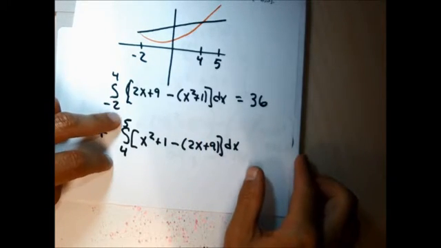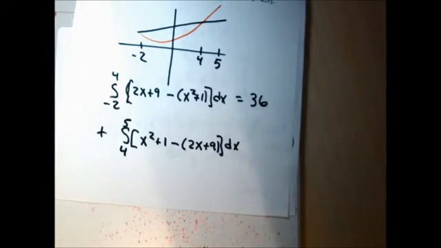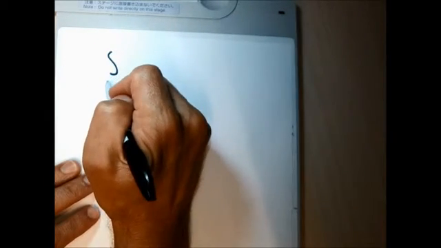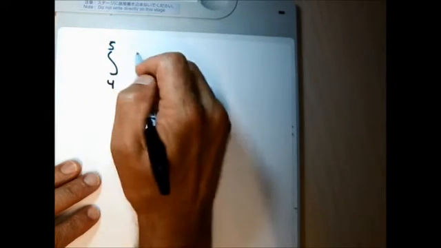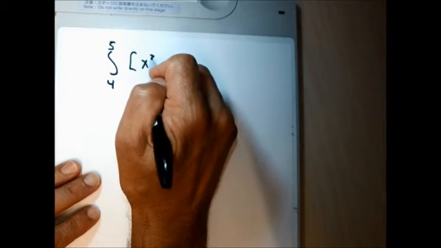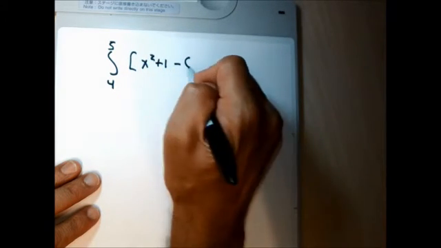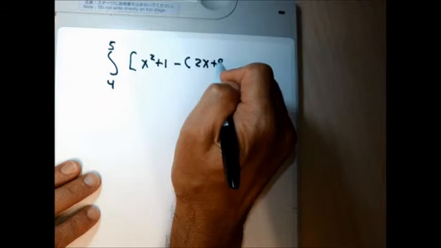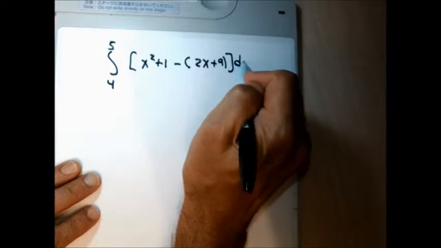Now I'm going to move on to another sheet of paper and do this one. So I'm trying to find the integral from 4 to 5 of x squared plus 1 minus 2x plus 9 dx.